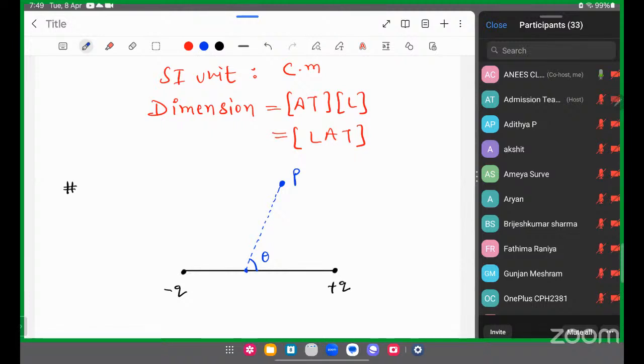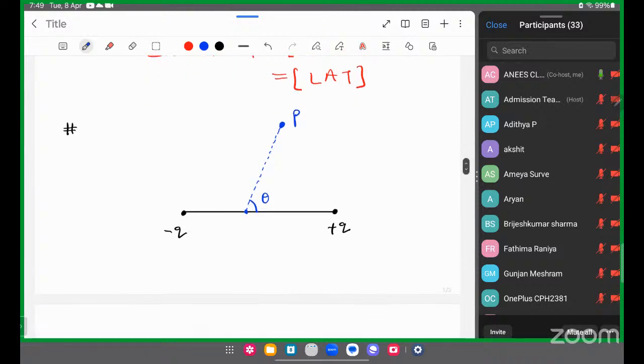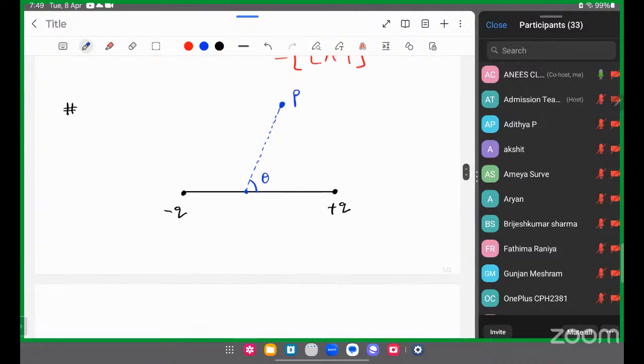So what will be the value of electric field at point P, which is at an angle of theta from the axis of the dipole? If you join the charge minus q to plus q, the line segment will be the dipole axis. So the angle theta is taken from the dipole axis.